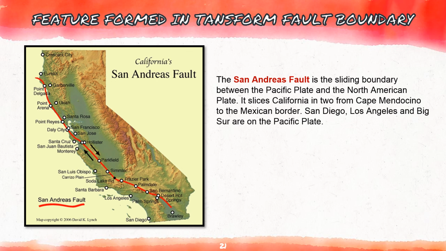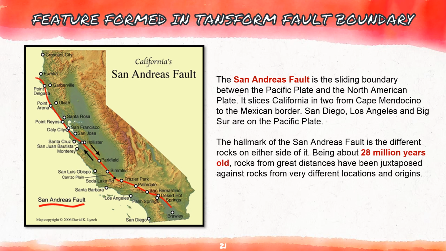San Diego, Los Angeles, and Big Sur are on the Pacific Plate. Now, the hallmark of the San Andreas Fault is different rocks on either side of it. Being about 28 million years old, rocks from great distances have been juxtaposed against rocks from very different locations and origins.